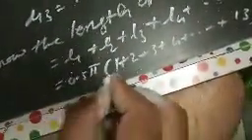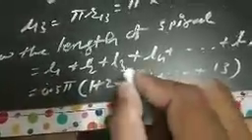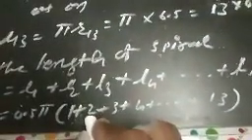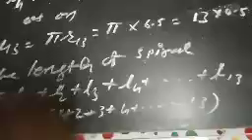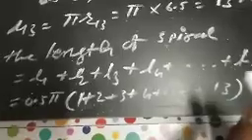So we take out 0.5 pi common from the length of the spiral, and there remains only 1, 2, 3, 4 up to 13.